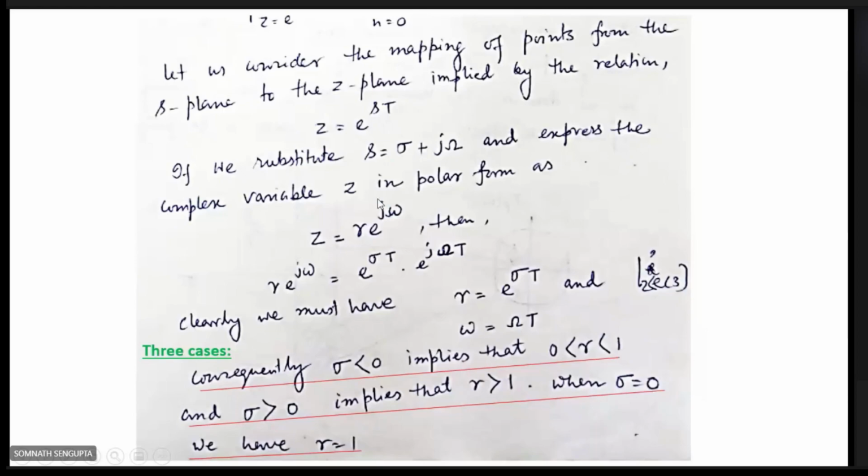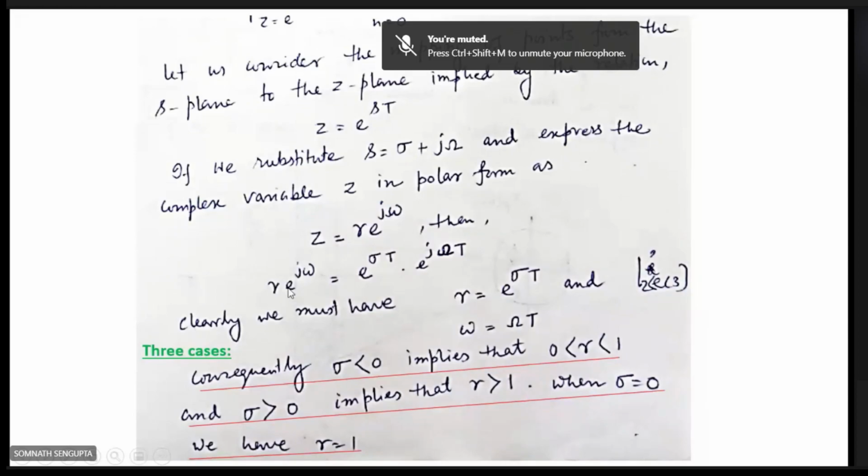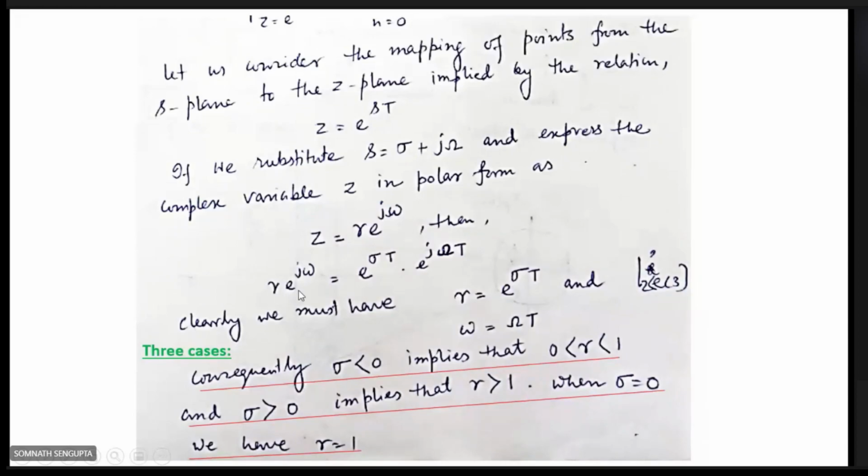At the same time z is equal to e to the power sT, and also z is equal to r into e to the power j omega, a complex variable. That determines the different points in the Z plane, which is applicable for digital filters, and s is applicable for analog filters.